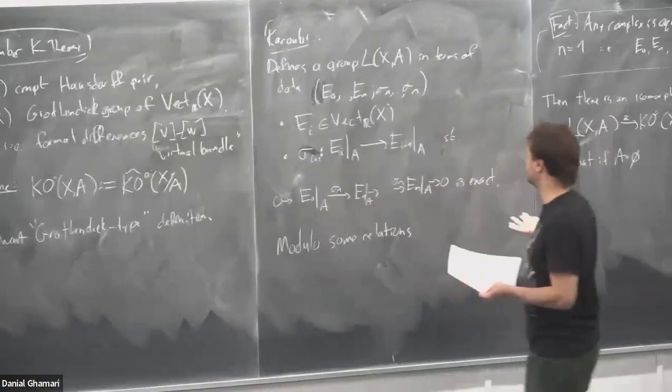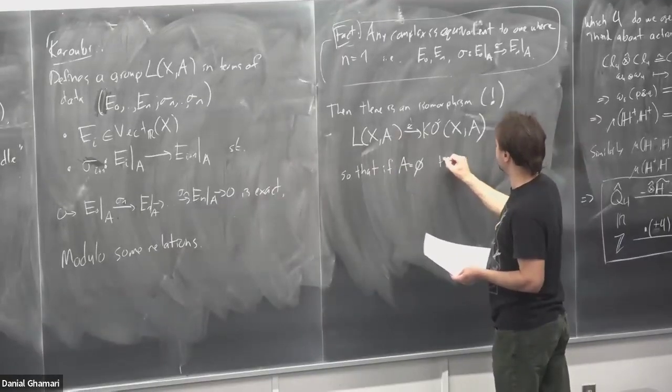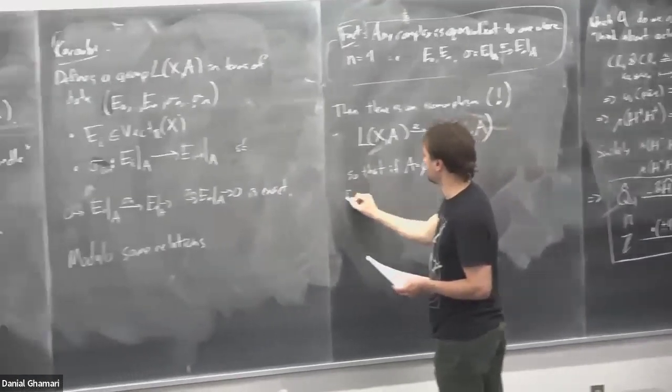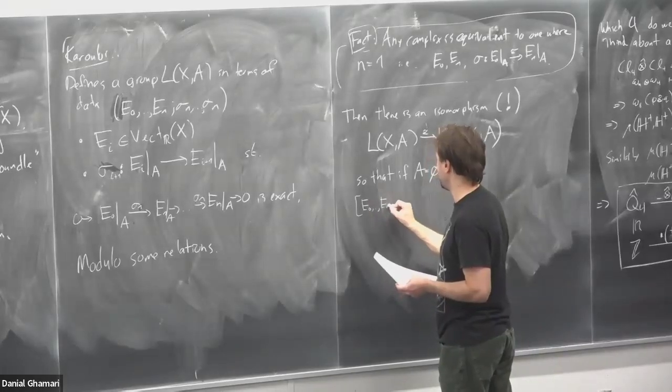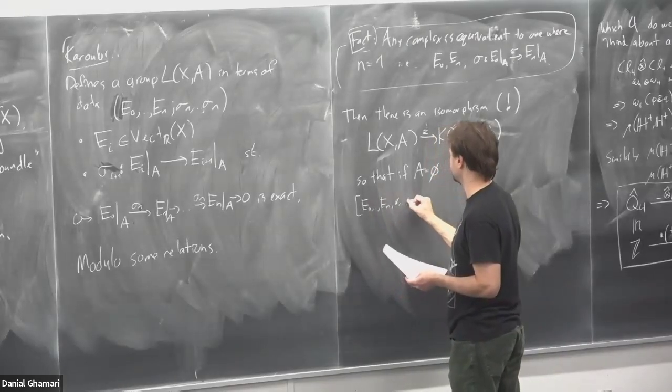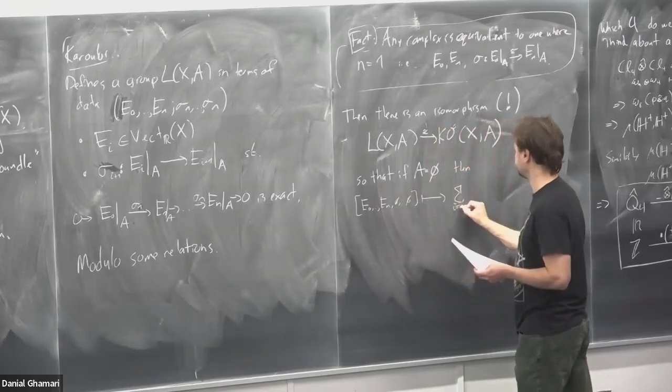If you restrict to the empty set, you just get a bunch of empty functions. So you're going to have E0 up to En and a bunch of empty functions. This maps to just the alternating sum.